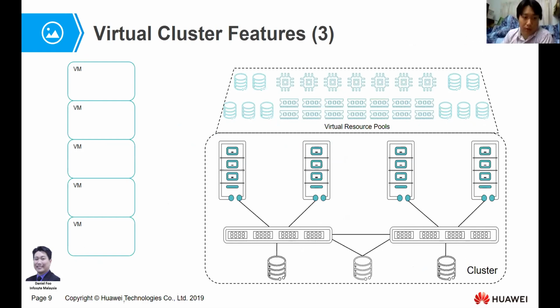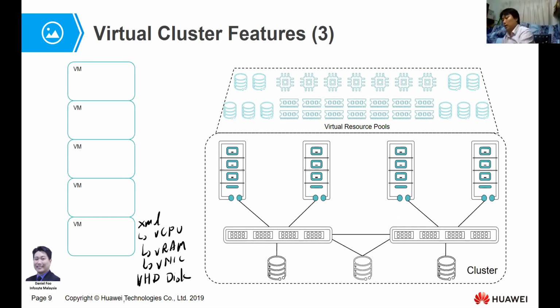Your virtual machine will be holding an XML file that will determine your vCPU number, then your vRAM, and also your vNIC, all these things, and also your VHD disk. Okay, so these are the configurations that will be sitting in your virtual machine. So I will be getting all these resources basically from the virtual cluster node.